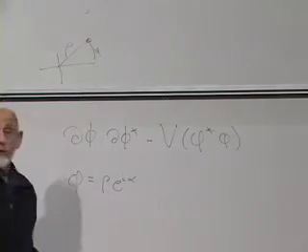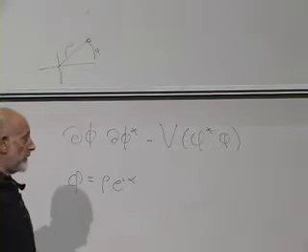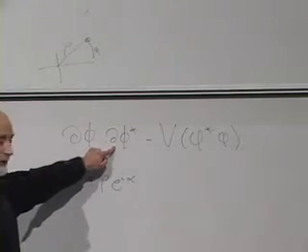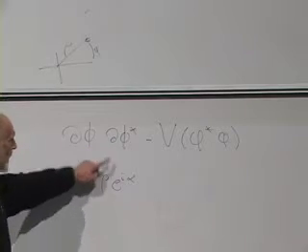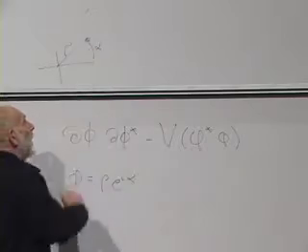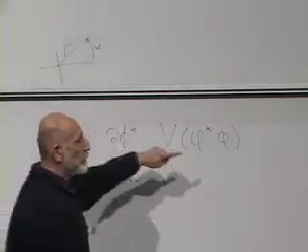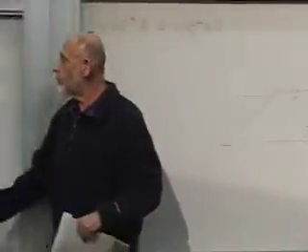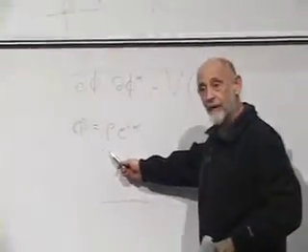Rho and alpha are also fields. Rho and alpha can vary from place to place, and let's rewrite the Lagrangian in terms of rho and alpha. Now notice, this is alpha, not phi. Moving around on the track here corresponds to keeping rho constant and varying alpha.